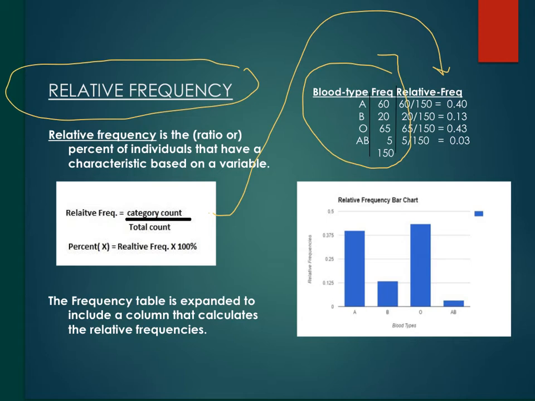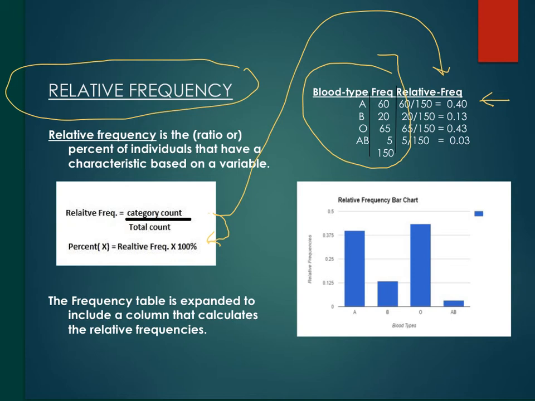So, for example, for type A blood, if we take the count of 60 and we divide it by 150, we get a relative frequency of 0.4. Now, if we multiply that by 100%, we get 40%.